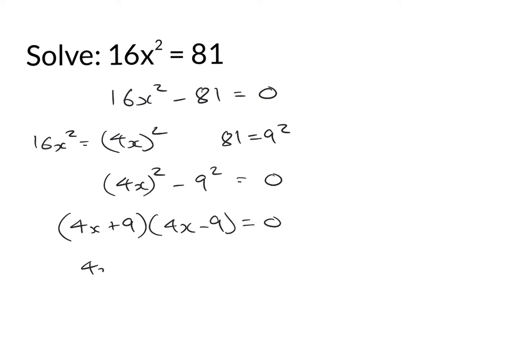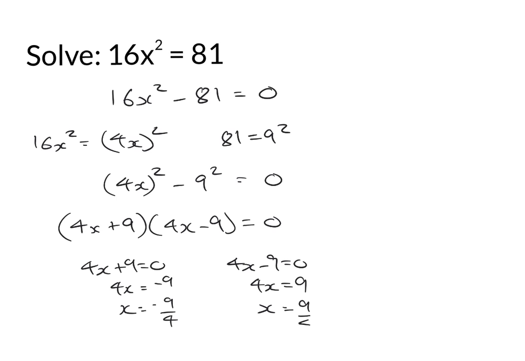And then I've got 4x plus 9 equals 0, so 4x equals negative 9, x equals negative 9 over 4, and clearly then I have 4x minus 9 equals 0, 4x equals 9, and x equals 9 over 4. So I've solved it without using any calculator whatsoever.